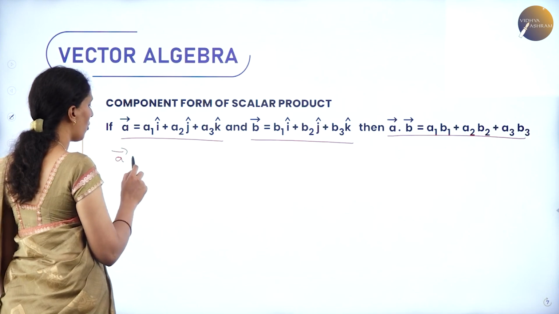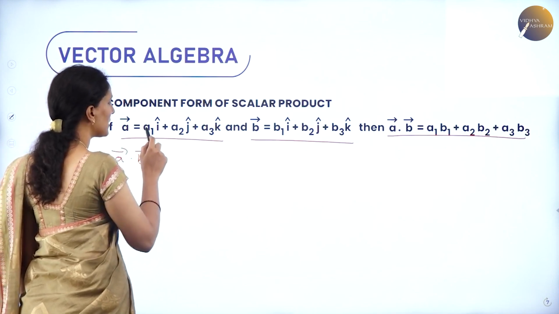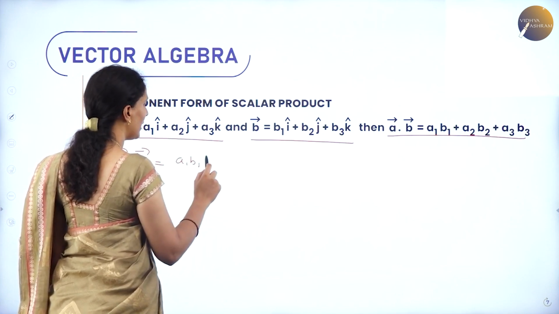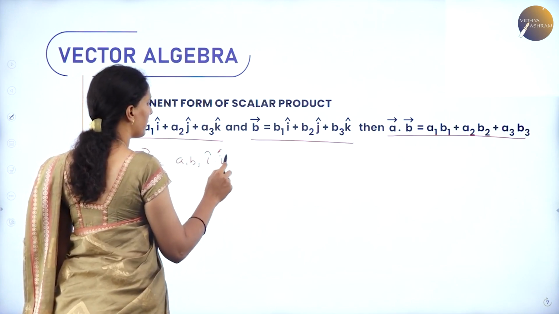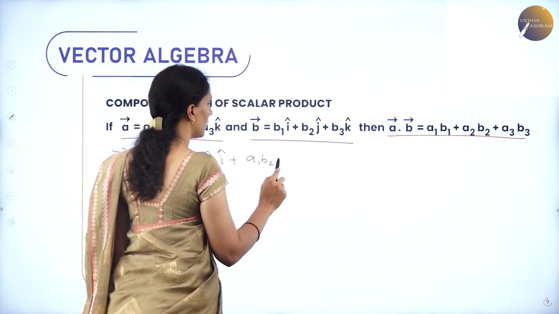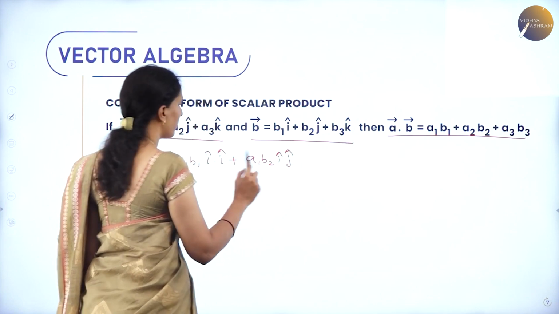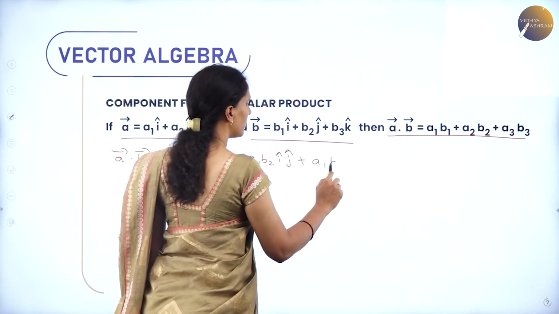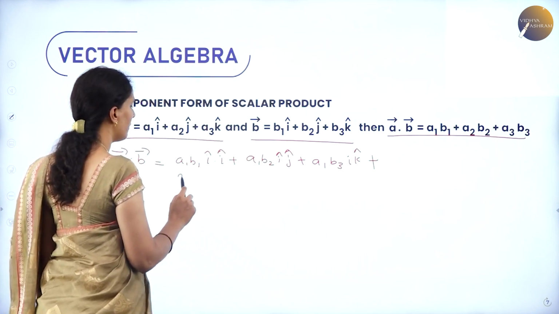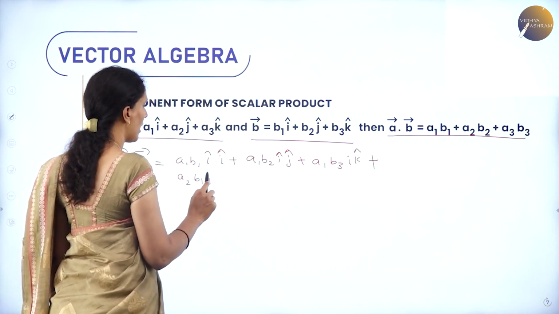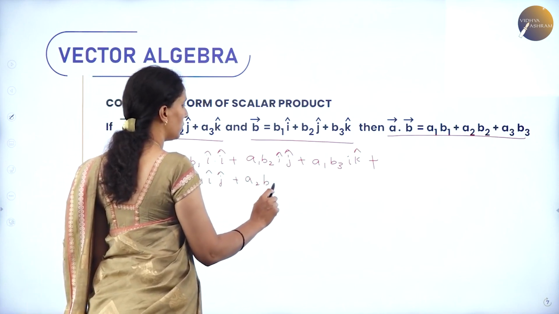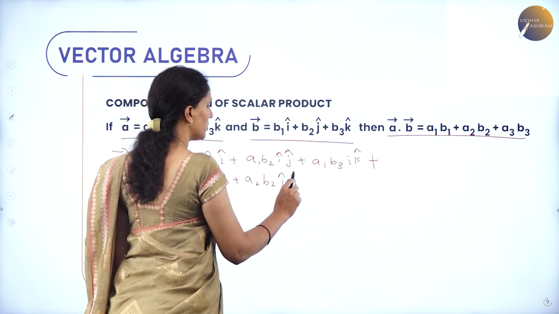If I write A dot B, what happens here? A1 into B1, so A1 B1, we have i dot i. Next we have A1 B2 i dot j. Next we have A1 B3 i dot k plus next we have A2 B1 j dot i, A2 B2 j dot j.